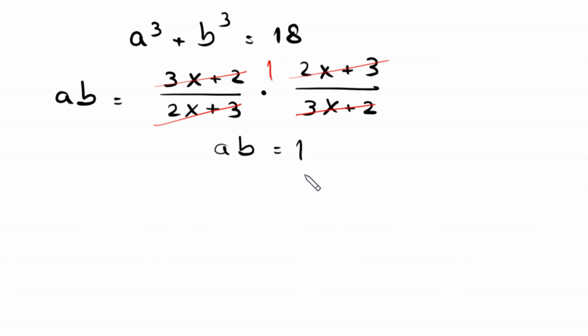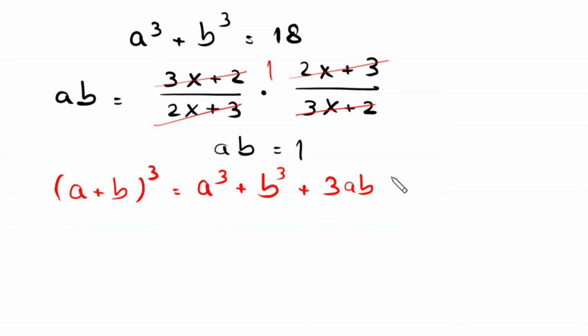Now we use this algebraic identity: a plus b whole cubed equal to a cubed plus b cubed plus 3 times ab times a plus b. In this equation we replace a cubed plus b cubed with 18 and ab with 1.